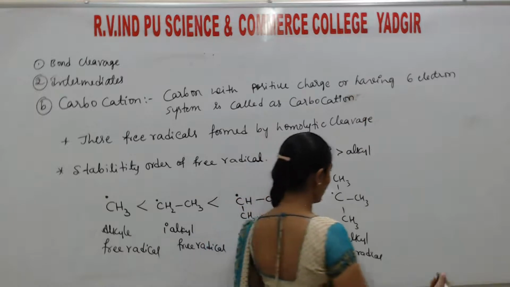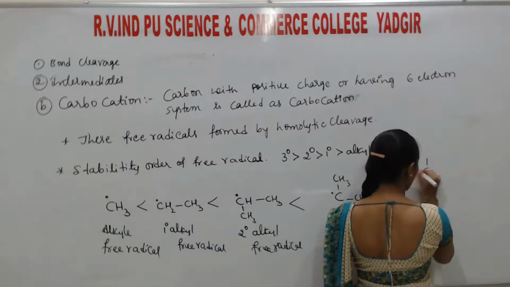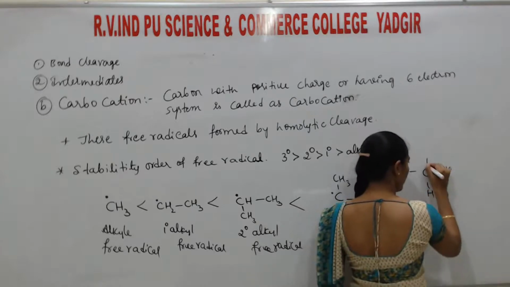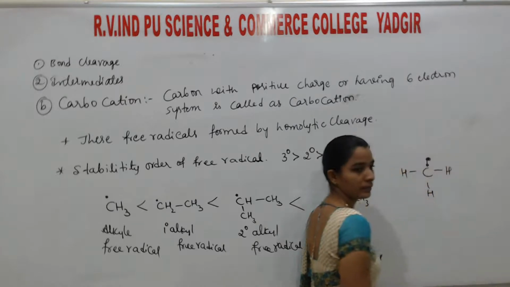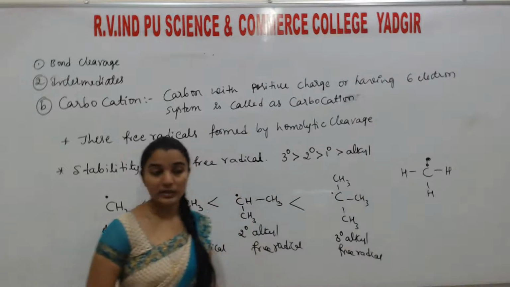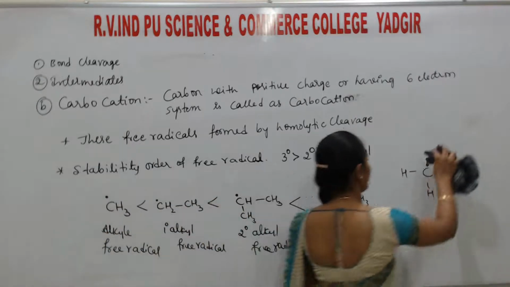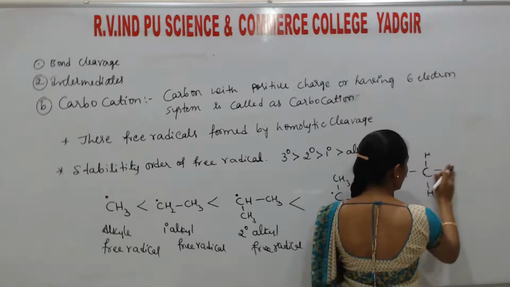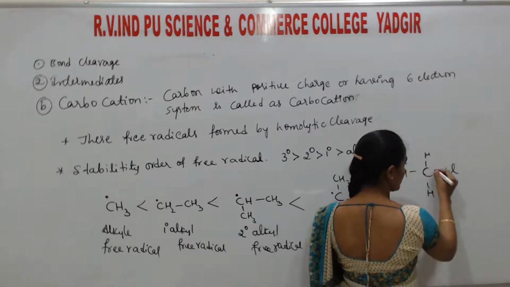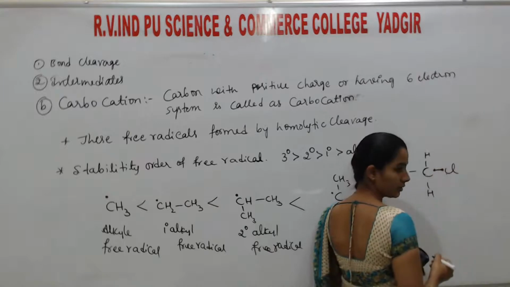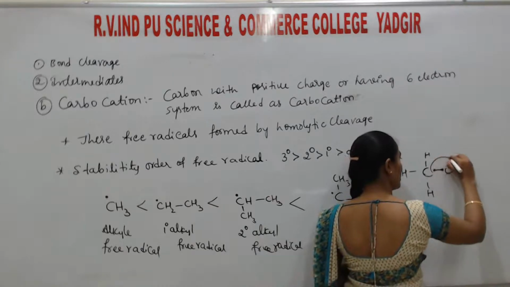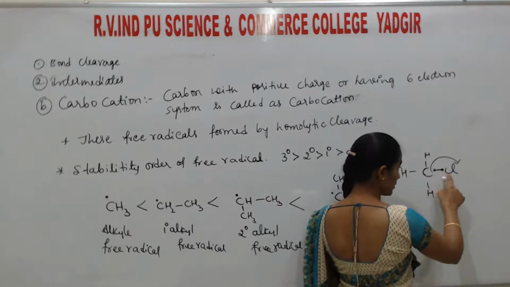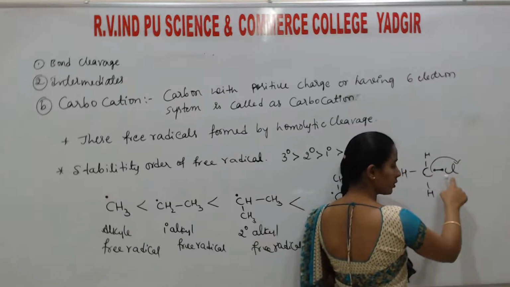Carbocation. Listen, I give here. This is a hydrogen, hydrogen, hydrogen. Here two molecules are there. Okay, it's carbon with the plus charge. So I take here H, here you take Cl. So here two electrons are there, right? So this electron completely transferred towards this Cl.